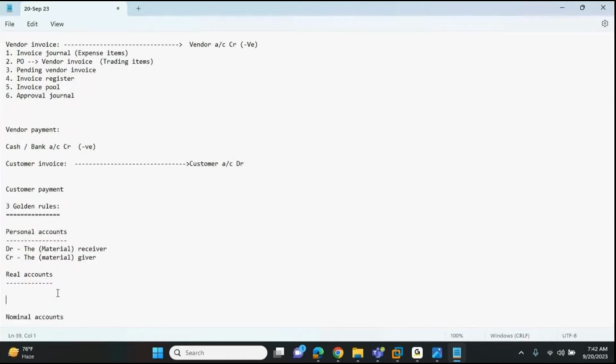Okay, now the second rule, real accounts. Anyone speak? The real accounts? Debit what comes in, credit what goes out. So here, whenever you are doing vendor payment, your money is going out.